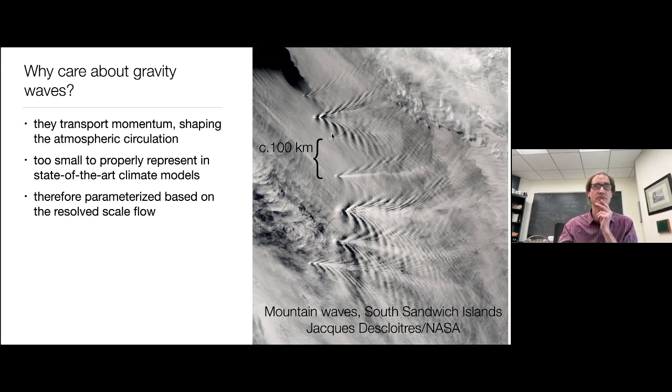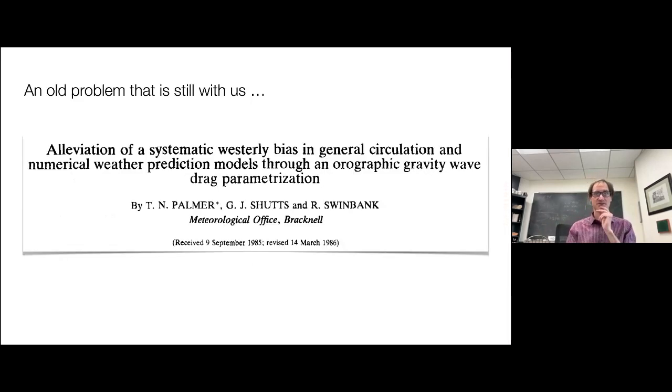And this is a very old problem. The first work on this was done by Tim Palmer in the 1980s, looking at where they had these systematic westerly biases. The story goes that in the 70s, the first general circulation models had a pretty reasonable representation of the jet streams. And then as you got better computers in the 1980s, the simulations got worse.